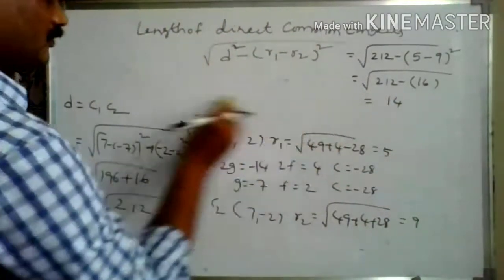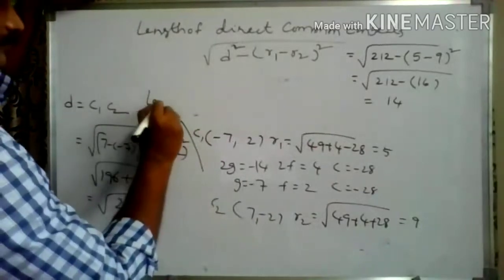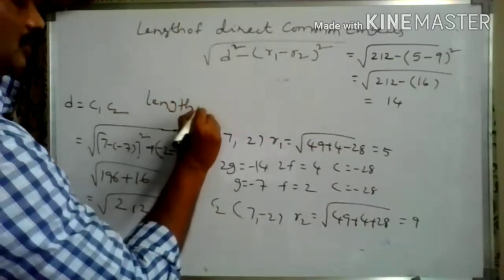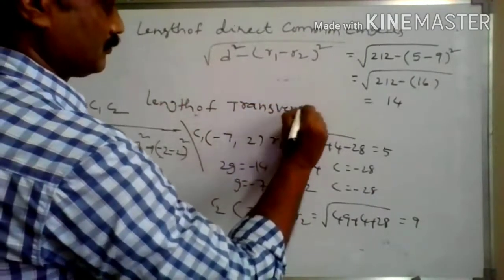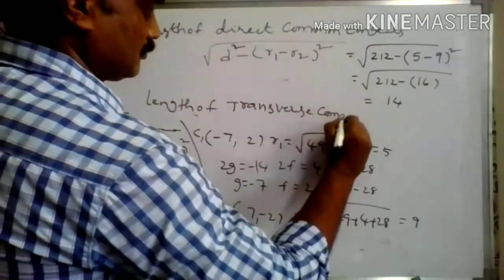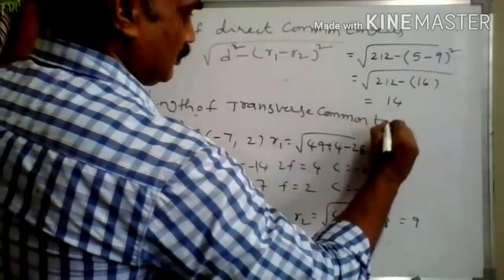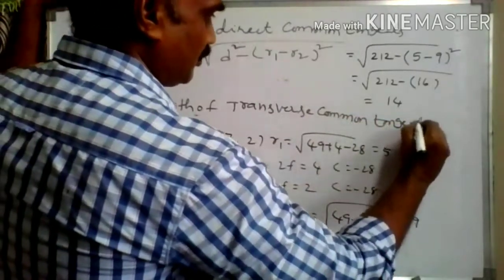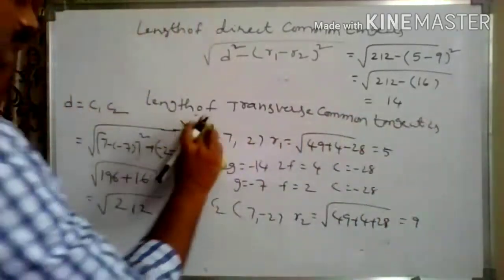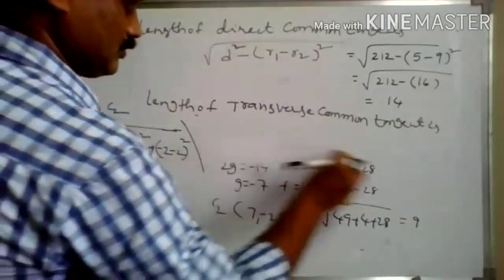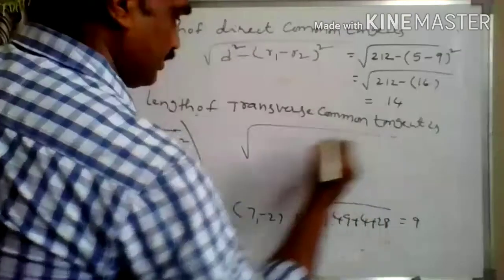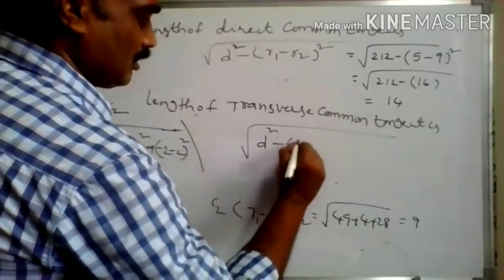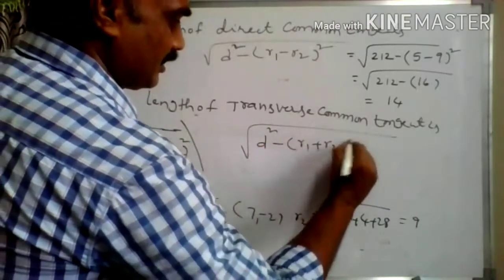Next, length of transverse common tangent. The formula is root of D square minus of R1 plus R2 whole square.